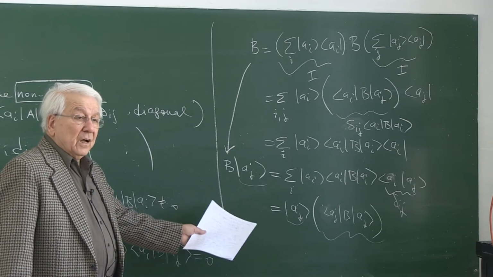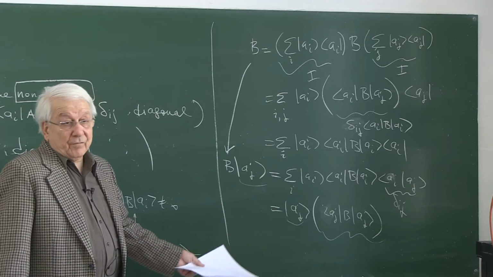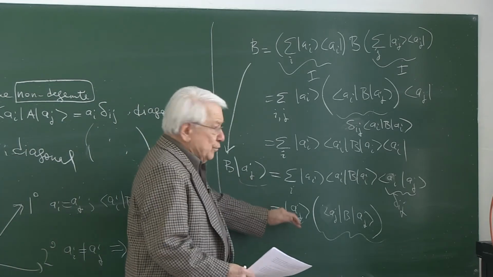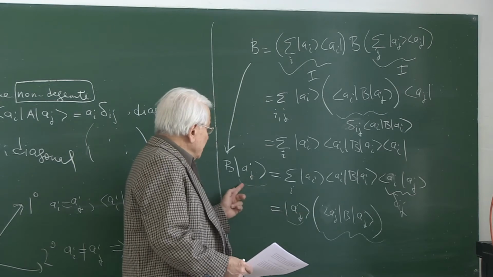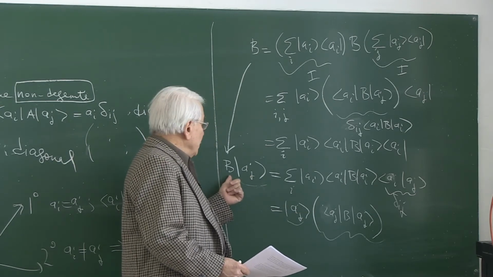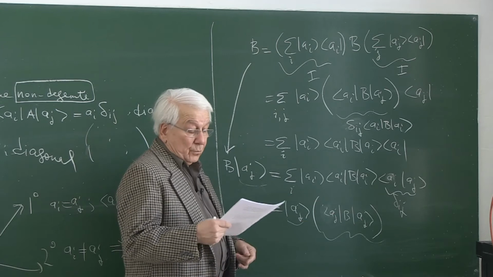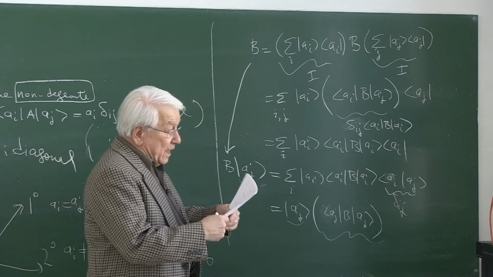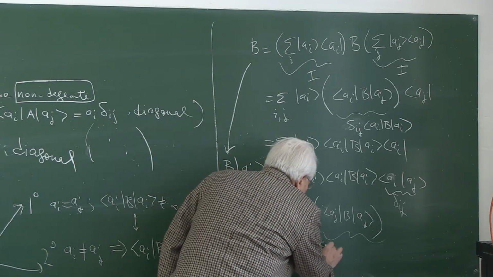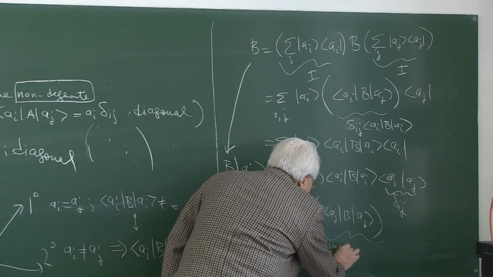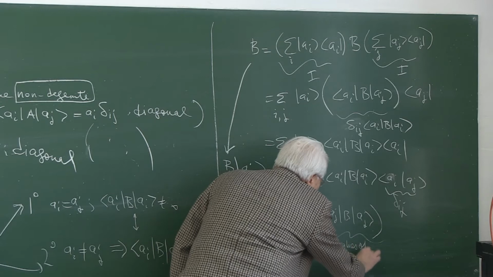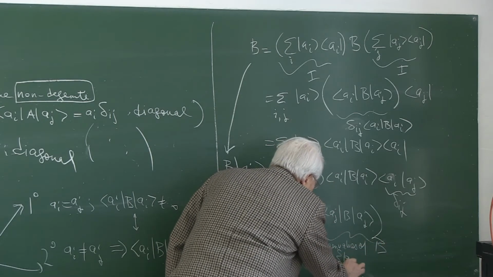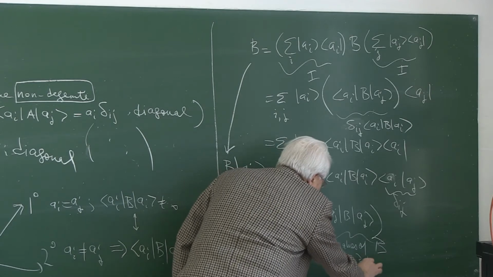If this is identified as an eigenvalue equation, because this acting on a ket gives you the ket back times a number, this could be identified as the eigenket of the B with the associated eigenvalue. Okay. So these are the eigenvalues of B in the a_j basis.